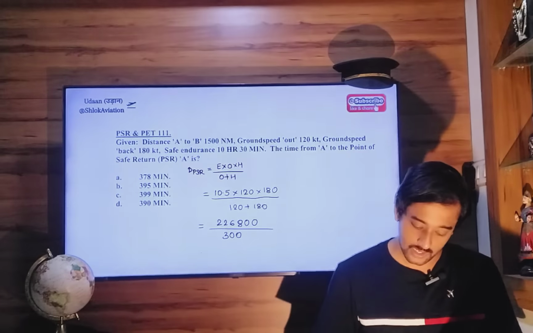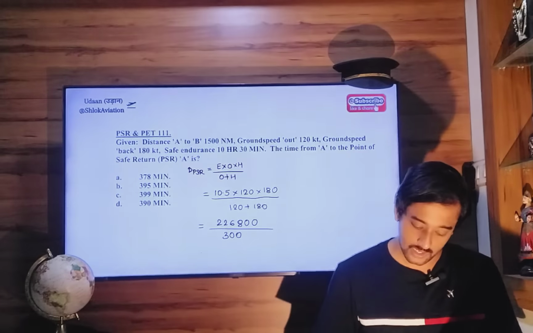So distance to point of safe return equals endurance into outbound into homebound divided by outbound plus homebound. So endurance is 7 hours, 235, 365, divided by 600. The numerator is 600425, so 1000 nautical miles.